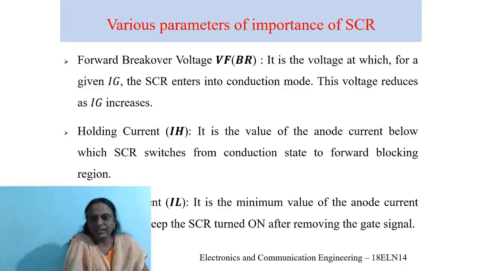Similarly, we have latching current. Latching current is the minimum value of the anode current required to keep the SCR turned on even after removing the gate signal. We have already seen that holding current IH is less than the latching current, with the help of the three regions of modes of operation, or the VI characteristics.